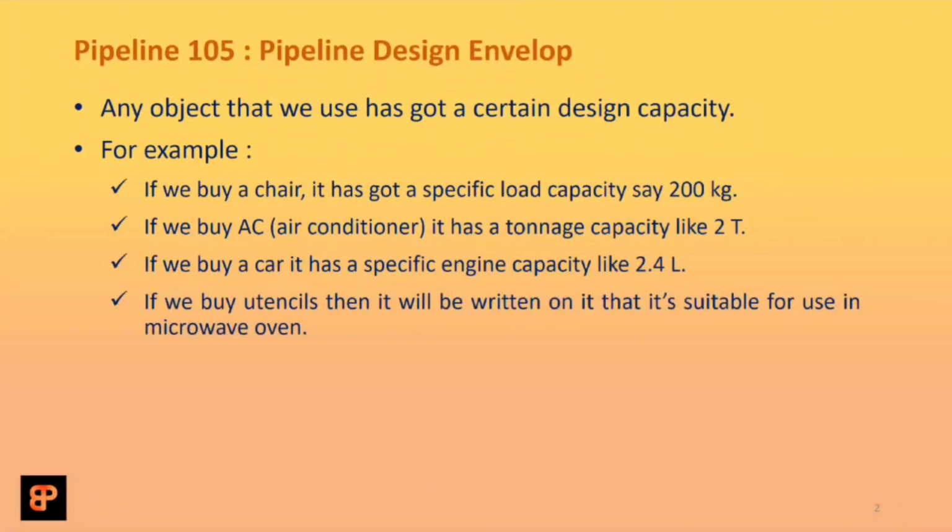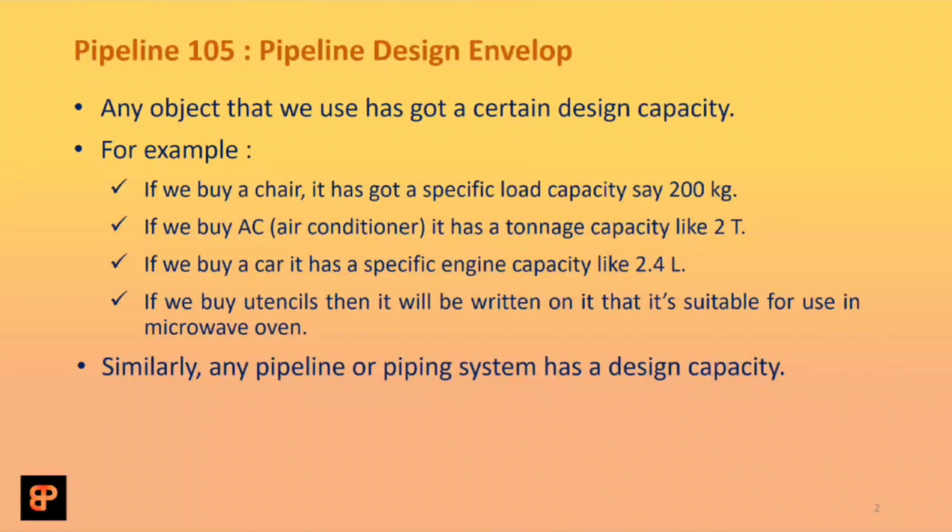If we buy utensils, then nowadays we have started seeing at the bottom of the utensil it is written whether it is suitable for microwave or not, because nowadays we are very regular users of microwave and sometimes dishwasher. So such design indication is given. What is the meaning of it? That these objects are designed for certain capacity, and you need to ensure that you follow it within that desired capacity, so that it goes well for the required service.